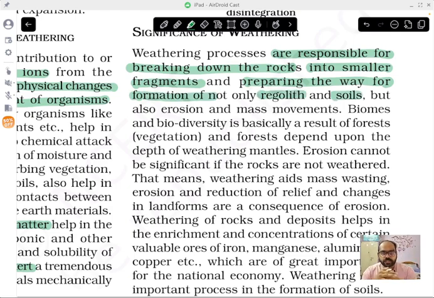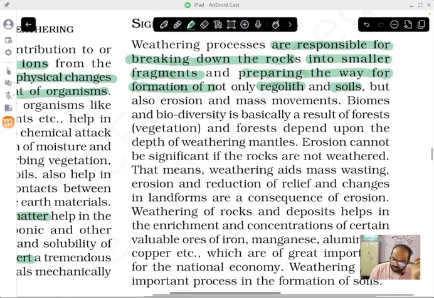Okay, weathering processes are responsible for breaking down the rocks into smaller fragments, and these smaller fragments are responsible for the formation of soils. How soil forms or evolves, we'll learn subsequently. So weathering is a prerequisite for the formation of regolith and soils. Regolith is nothing but a primordial form of soil. That is the primitive, the first stage of formation of soils is regolith.